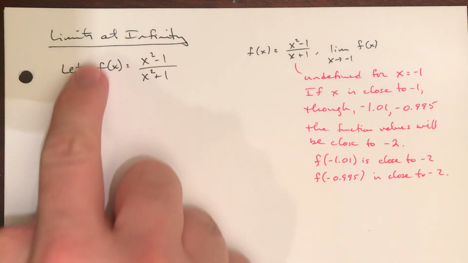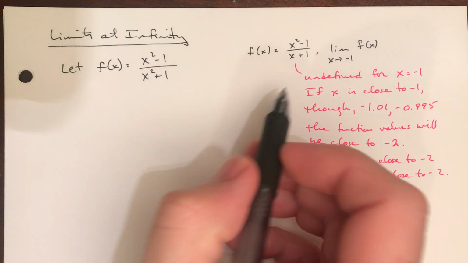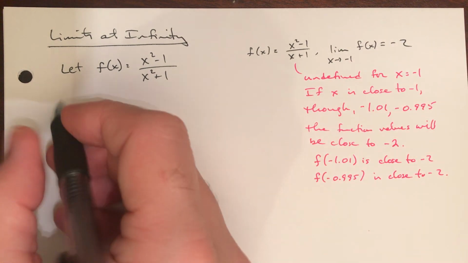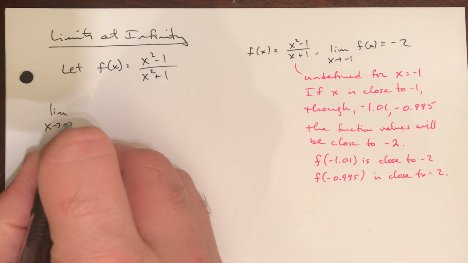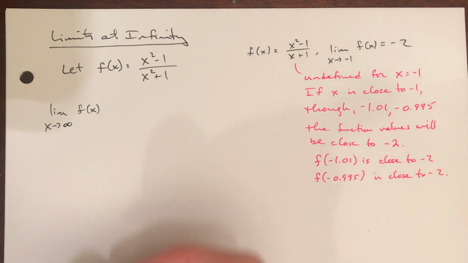We want to take, in this case, f of x to be x squared minus 1 over x plus 1, and we want to find not the limit at an x value like that, negative 2. We want to find the limit as x goes to infinity of f of x.